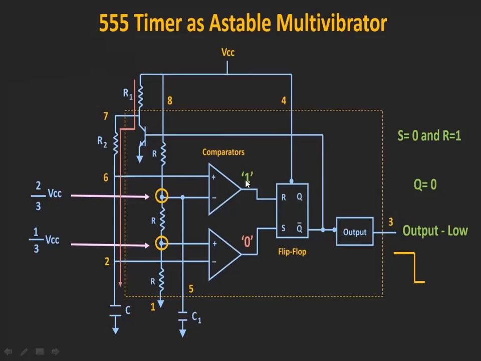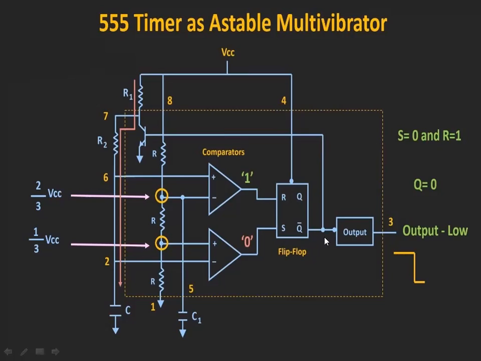Whenever it becomes 1, that 1 will be applied to the reset terminal of the flip-flop. So when S is 0 and R is 1, the flip-flop is going to produce an output equal to 0, that is Q is equal to 0 and Q bar is equal to 1.